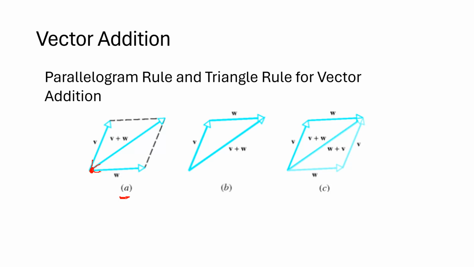Now there is another way to form the sum of two vectors. The second one is what we call the triangle rule for vector addition.